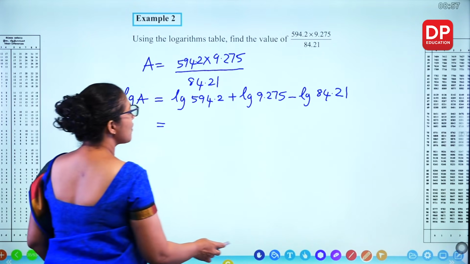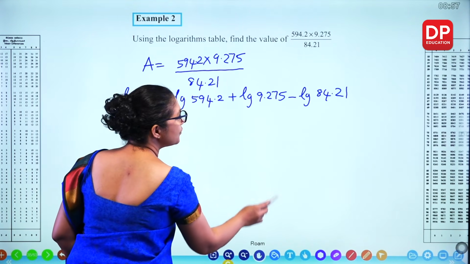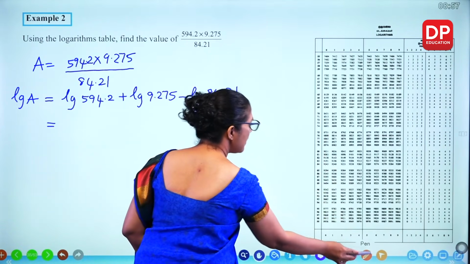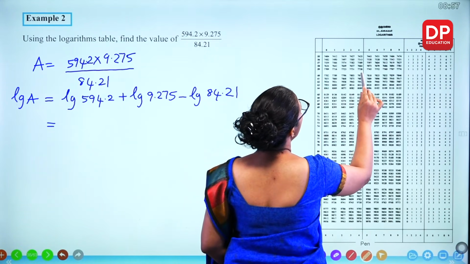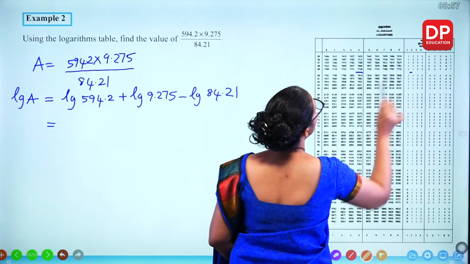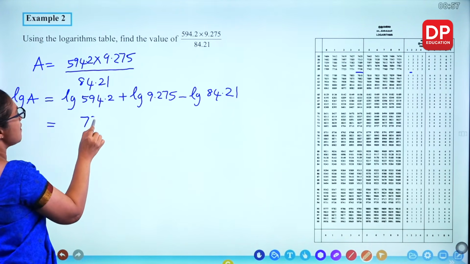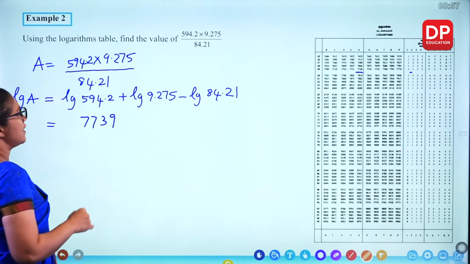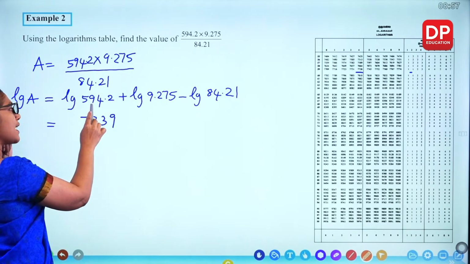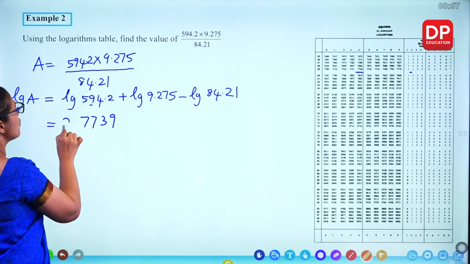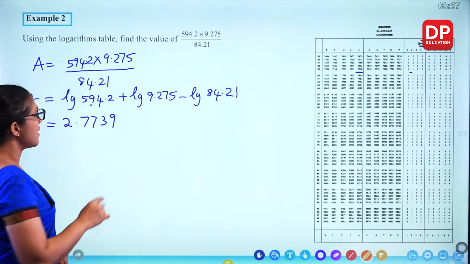5942, second table. 5942, adding 1, 7739. And what's the characteristic? 2 places to the right. So 2.7739.